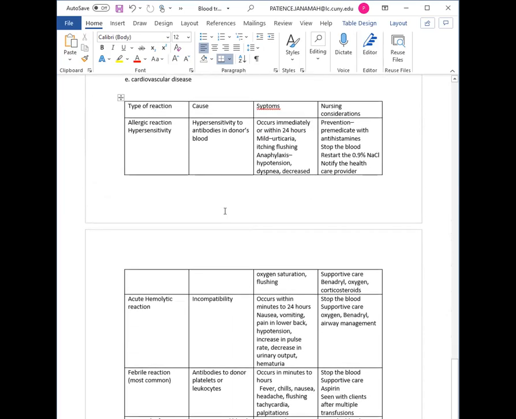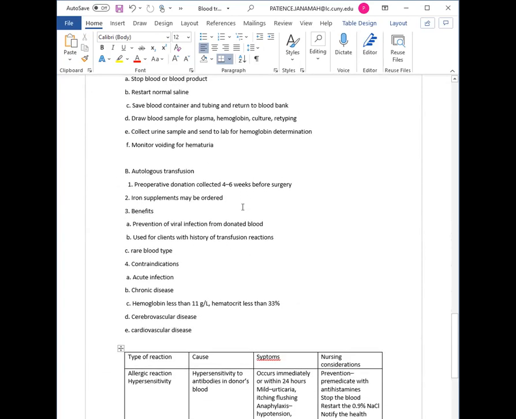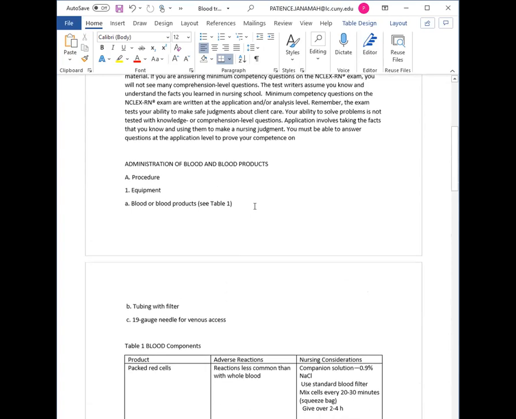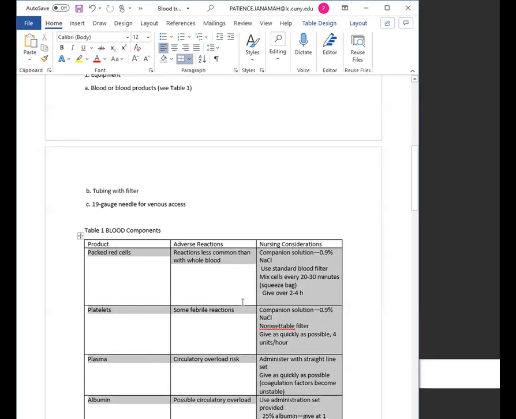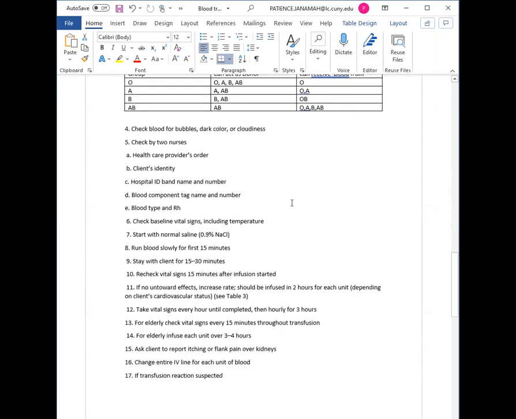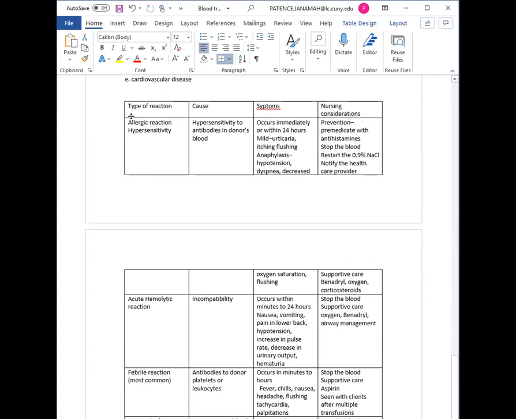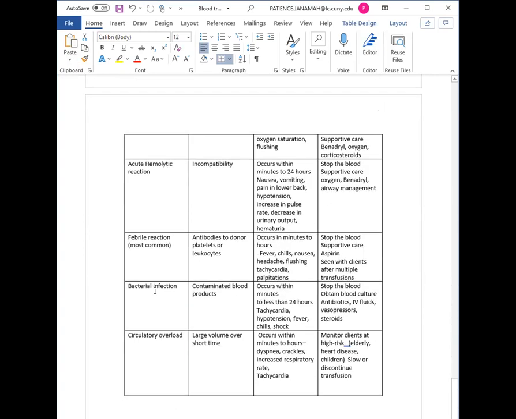Oh, well. Yeah. So Freddie, I'm also going to send out this blood transfusion document. Then we try to go over it. You can just go over the tables alone. I know time is a problem here, but you can just go over the table alone. This one talks about the type of reaction, the causes, the symptoms the patient will have, and take note of the timing on every reaction.